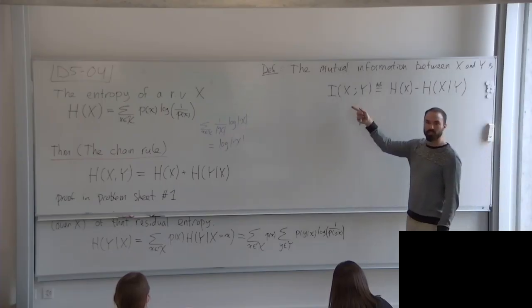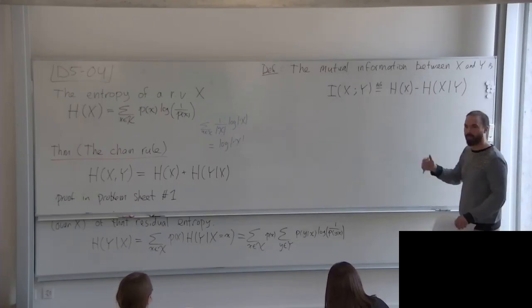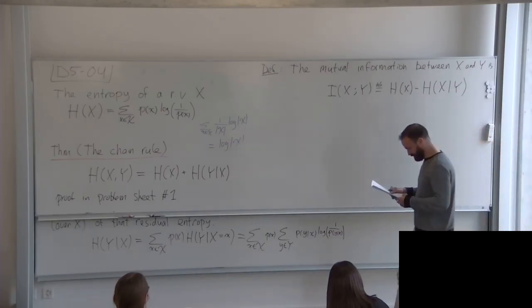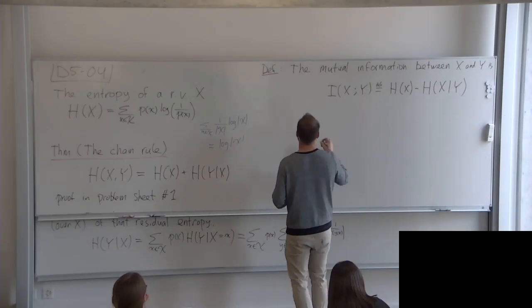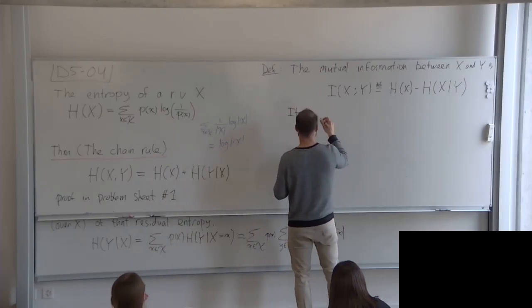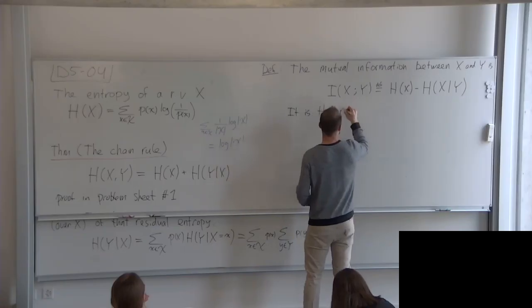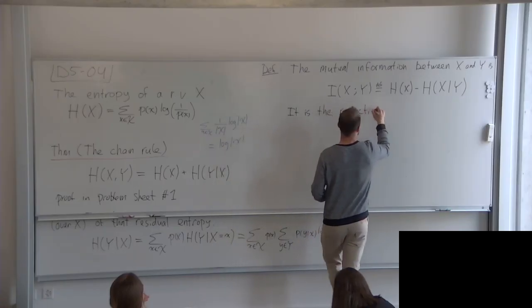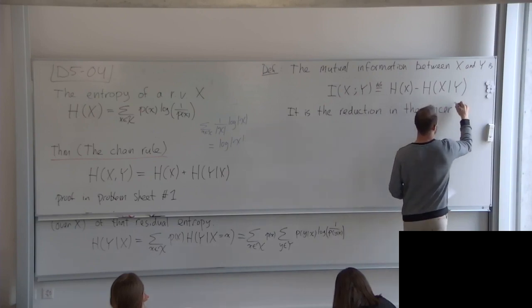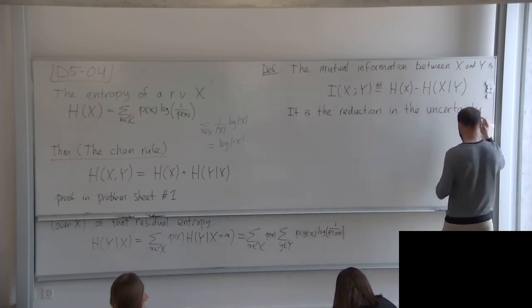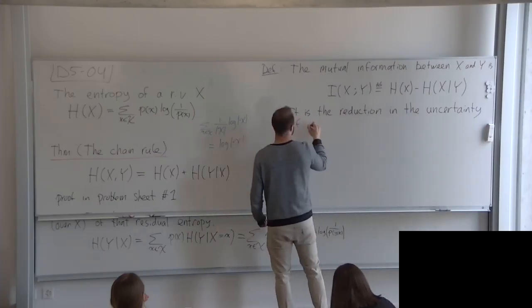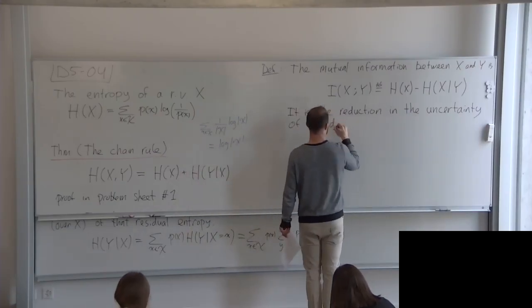There will be no mutual information between x and y. I write that down: it is the reduction in the uncertainty of x due to the knowledge of y.